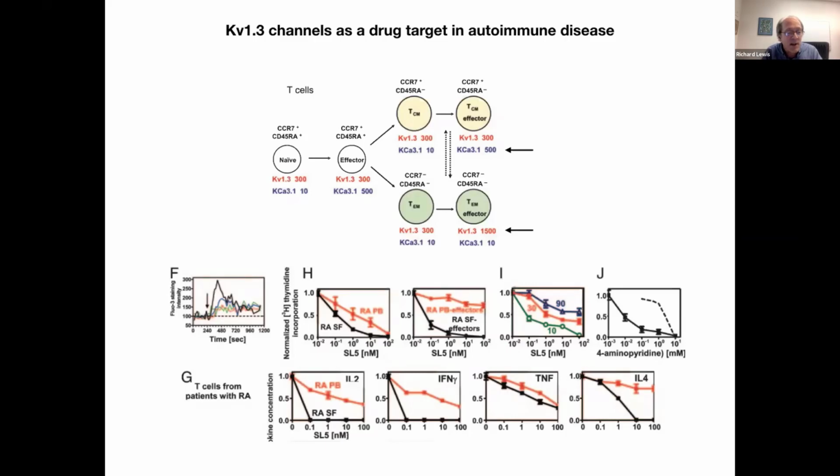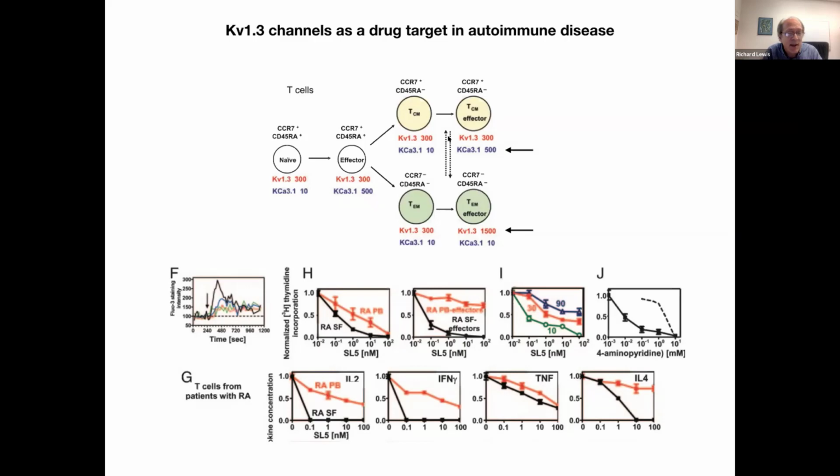And this is because in patients, for example, with rheumatoid arthritis, the activation of cells in the synovial fluid causes an upregulation of KV1.3 channels from about 300 to 1500 channels per cell, but not KCa3.1. Whereas the activation of central memory T cells that are not involved in disease upregulate KCa3.1 but not KV1.3.